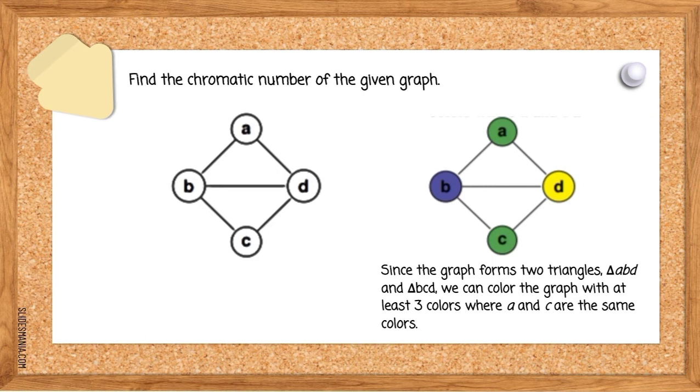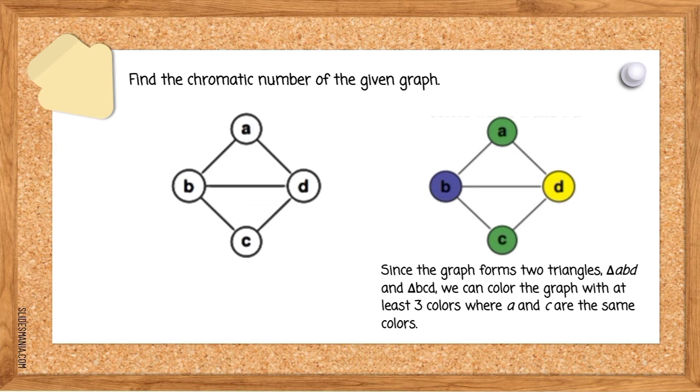Next, find the chromatic number of the given graph. So, letters A, B, C, and D. At the right portion, we have violet for letter B, A and C are green, and letter D is colored yellow.